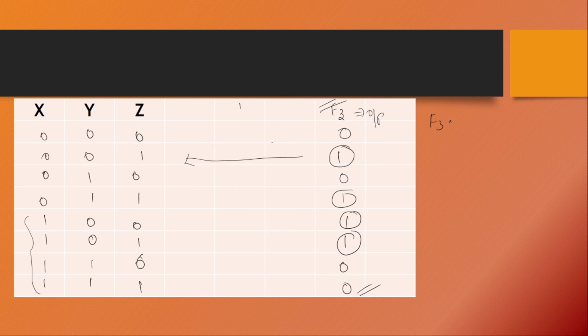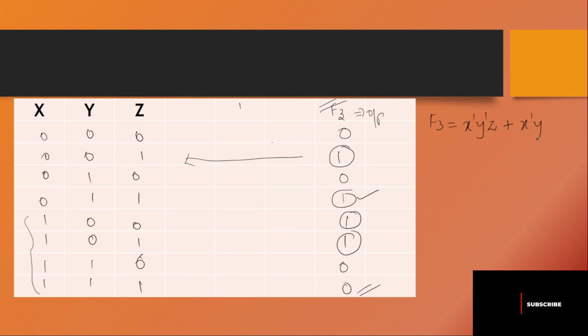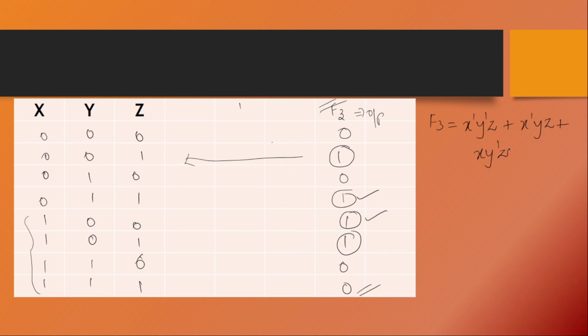We have to find the product term. 001 represents x dash y dash z, plus for the second one I have 011, which is x dash y z, plus for the next one I have 100, which is x y dash z dash, and for the last one I have 101, which is nothing else but x y dash z. Maybe we can take certain things common here and try to simplify the whole function, but ultimately this is how you get the expression from a truth table.